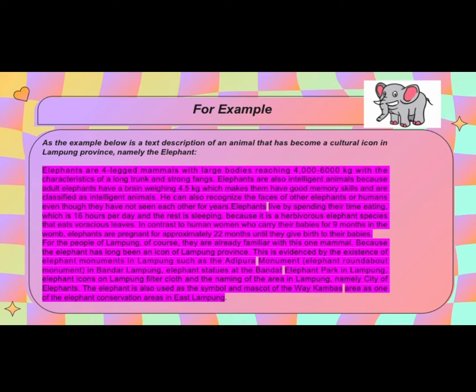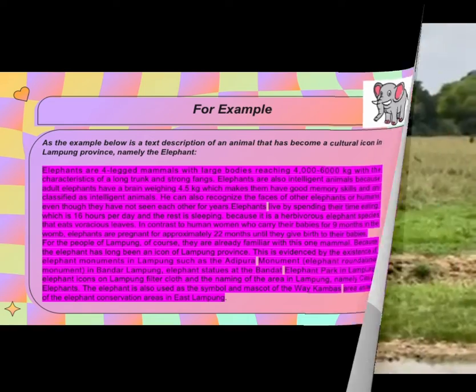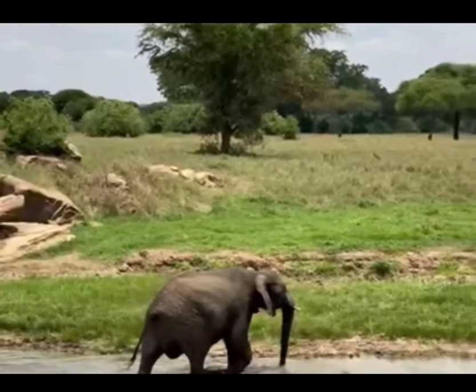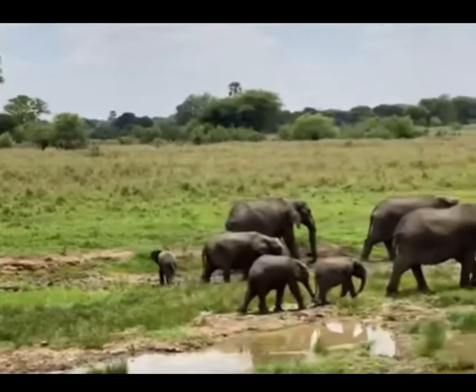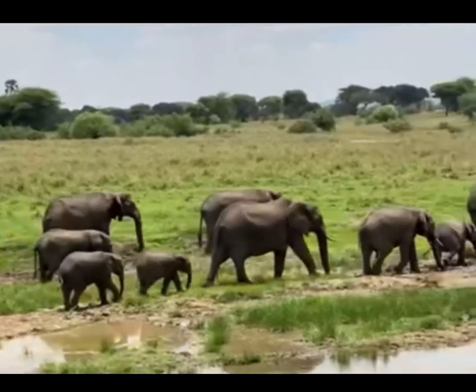Elephants are full-age mammals with large bodies, reaching 4,000 until 6,000 kilograms, with the characteristic of a long trunk and strong fangs. Elephants are also intelligent animals because adult elephants have a brain reaching 4.5 kilograms, which makes them have good memory skills and are classified as intelligent animals.